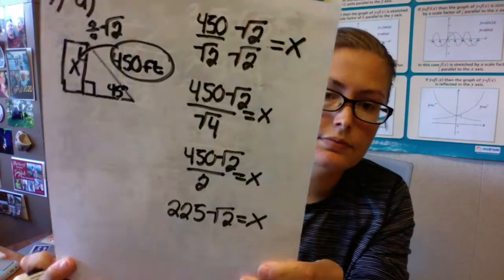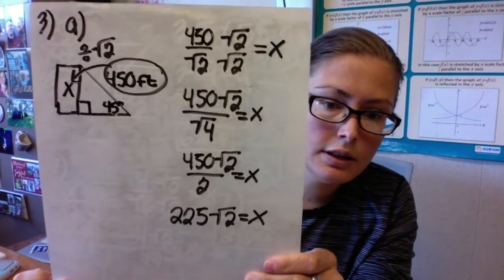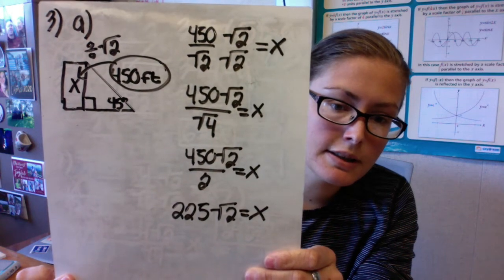So 225 radical 2 is equal to x. And because it's a word problem, we're going to put it into a decimal. So x is approximately 318.2 feet.